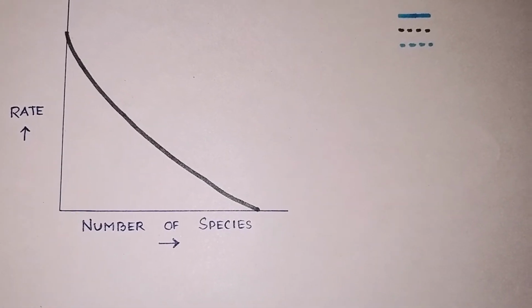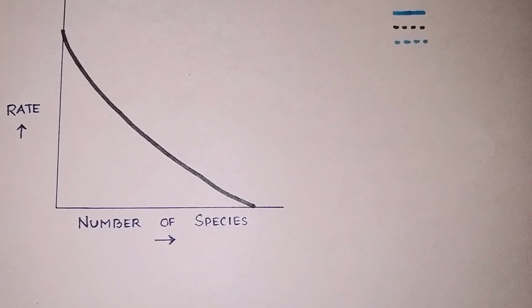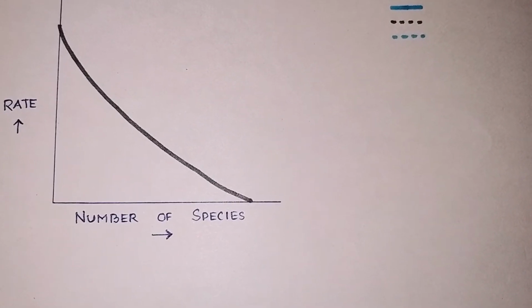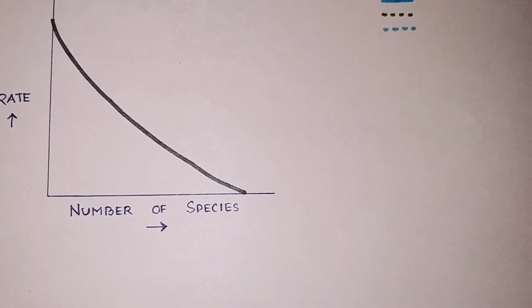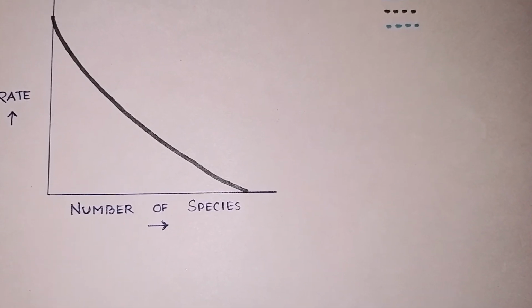If the island is far away from the mainland, or far away from the source of species, then the rate of immigration will be lower.